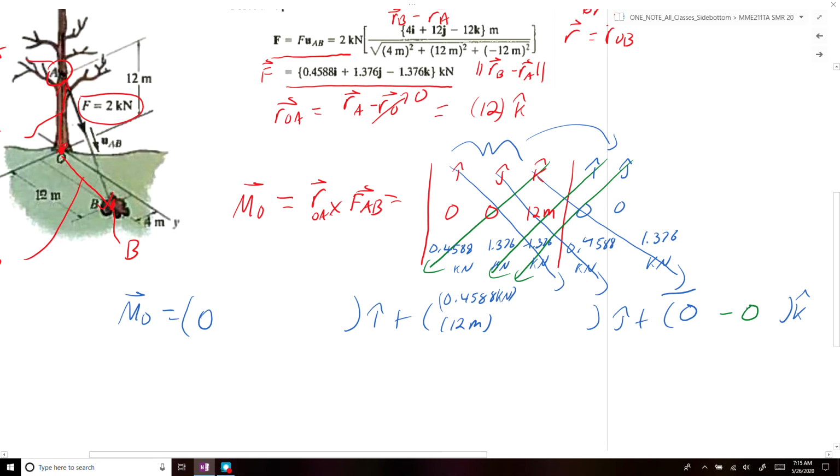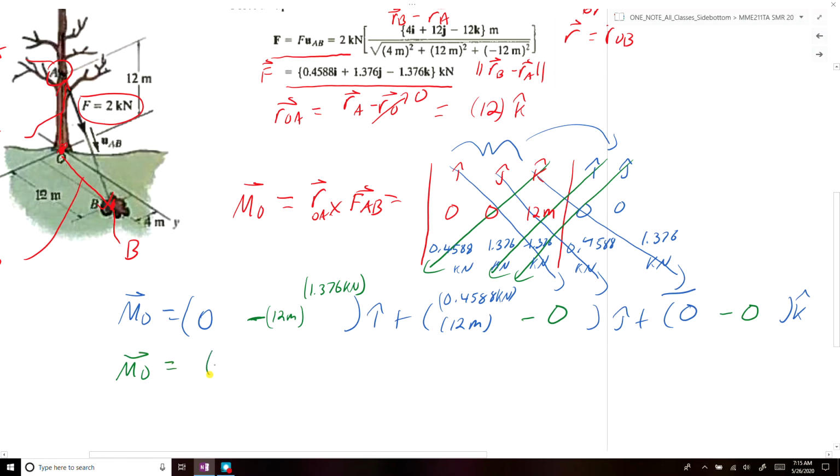Our second is the unit vector i times 12 meters times 1.376 kilonewtons, and we have to add a negative sign to that product. And then the last is 0 times 1.376 kilonewtons, which is equal to 0.